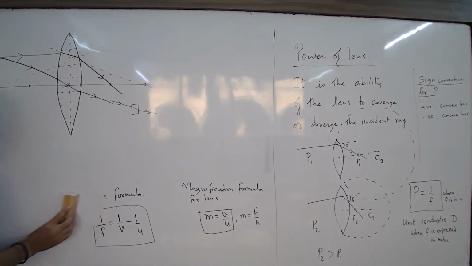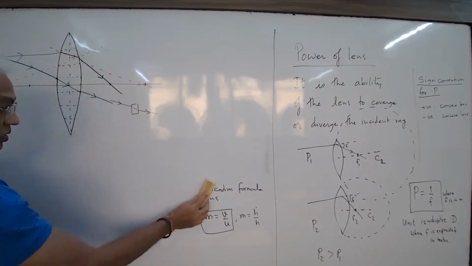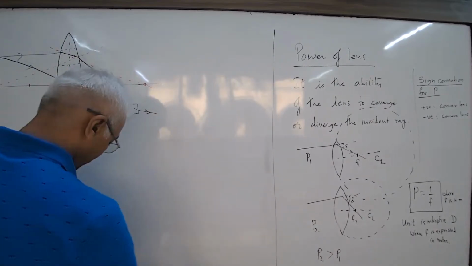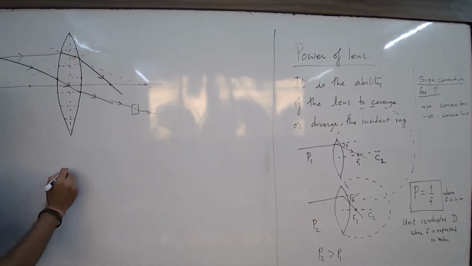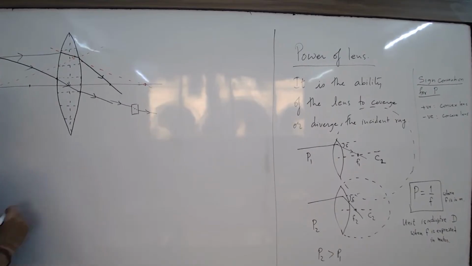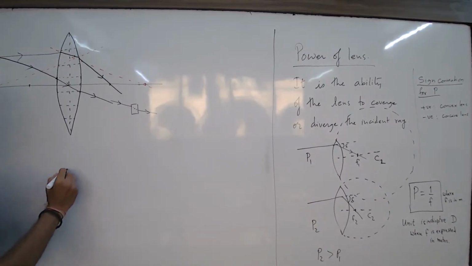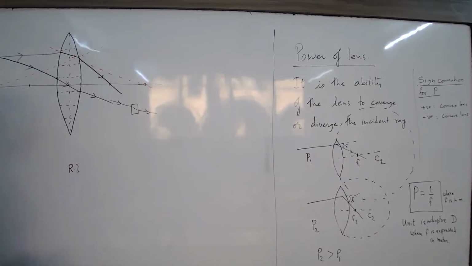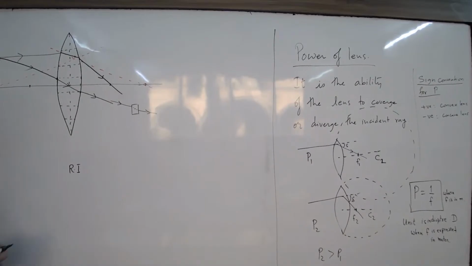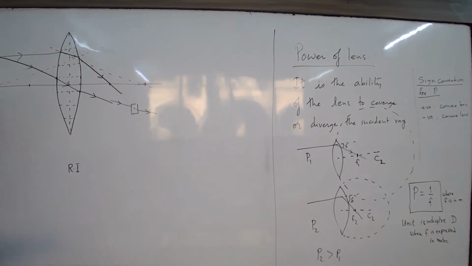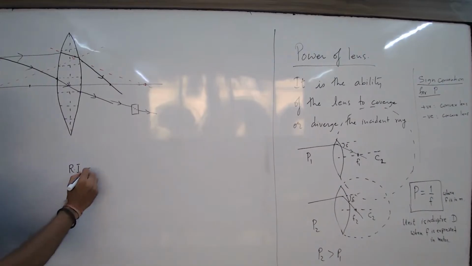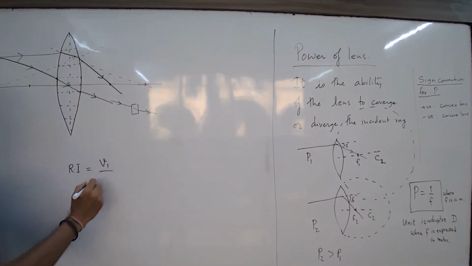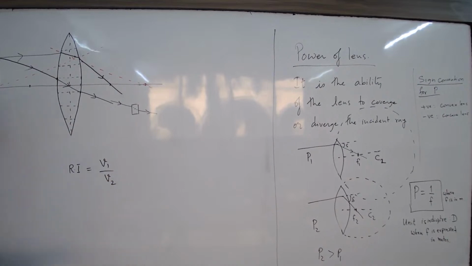Now coming back to absolute refractive index. Refractive index, you have understood? Okay. So what is refractive index? It is the measure of how the speed of light changes in different mediums. It is basically the ratio of the speed of light in the incident medium to its speed in the refracting second medium.